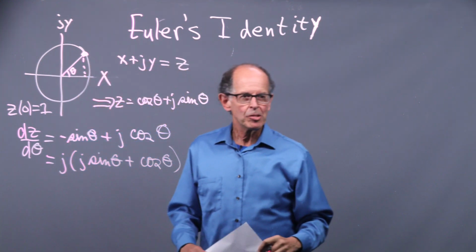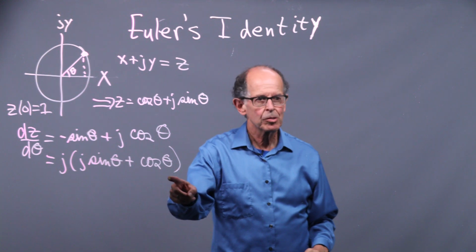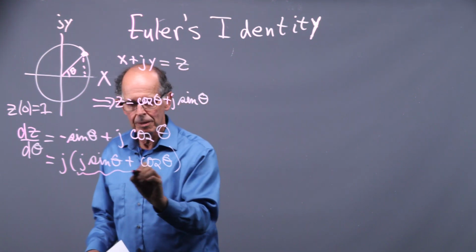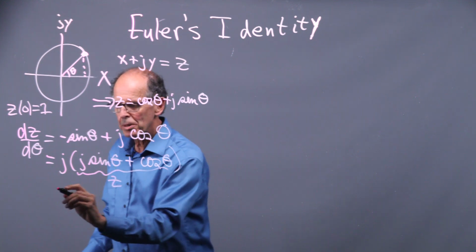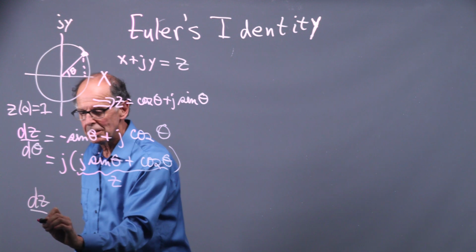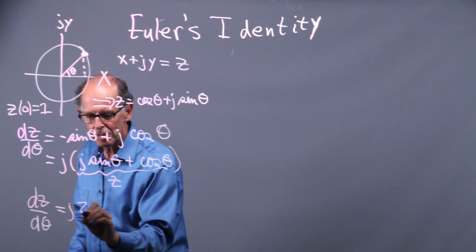You say, that's not a big deal either, but look, this term, what is that? That's z. So we get an equation, dz by d theta equals j z.